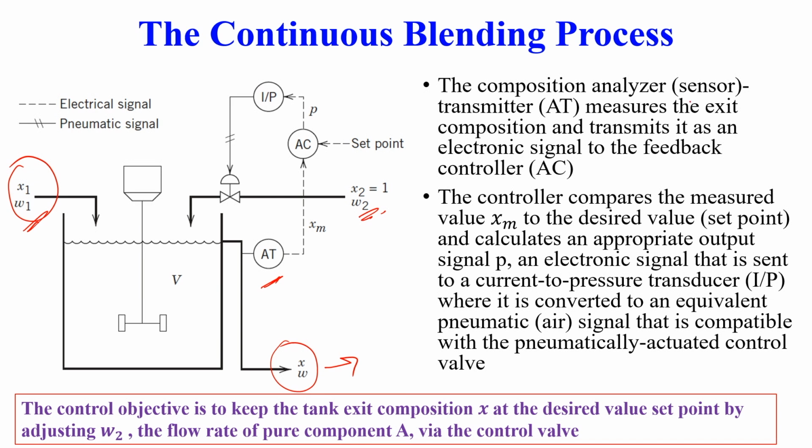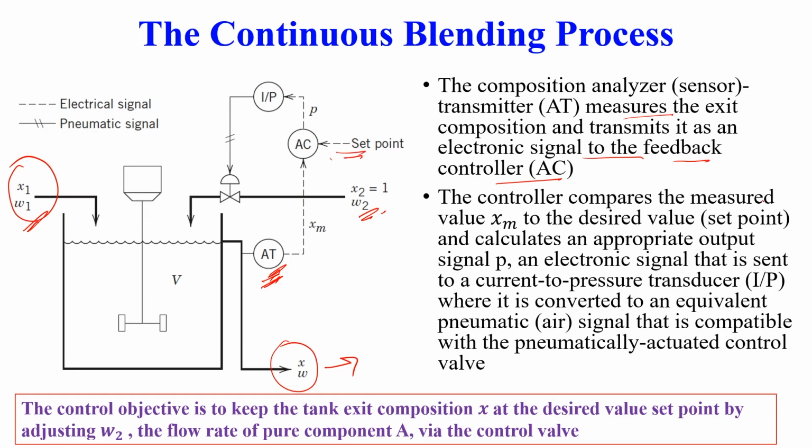The composition analyzer slash transmitter, this is AT, measures the exit composition and transmits it as an electronic signal to the controller. This is your measuring device, and AC is the feedback controller. So, it is measuring here and transmitting the data to the controller.